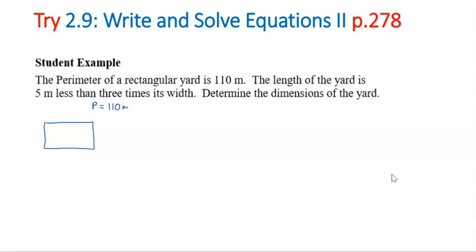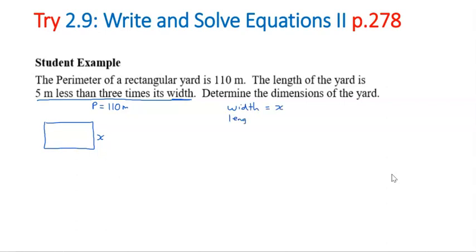The length of the yard is 5 meters less than 3 times its width. So again, we know something about the length, but we don't know much about the width. So our width is going to be our x. I can even write that up here: width is my x.